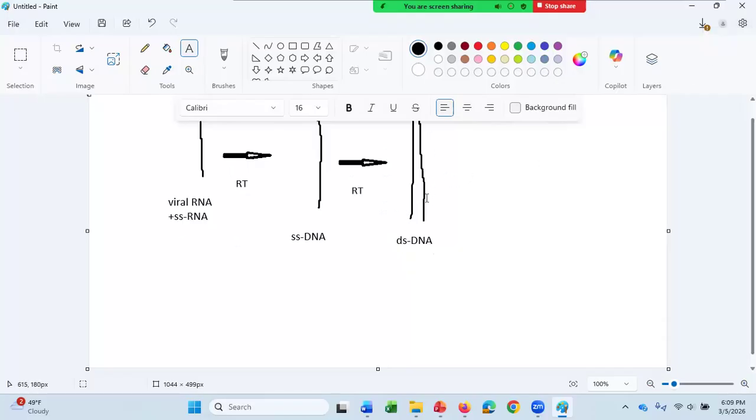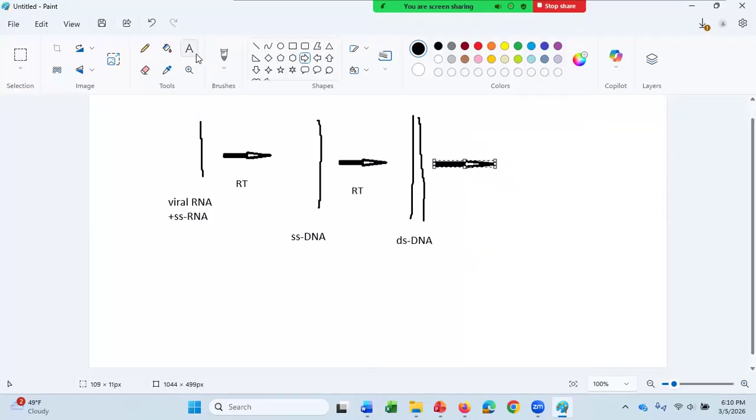Well, this then moves into the nucleus and it recombines with the chromosome. So this becomes integrated into the host cell chromosome. We'll just make the X chromosome. And it's going to go right here.